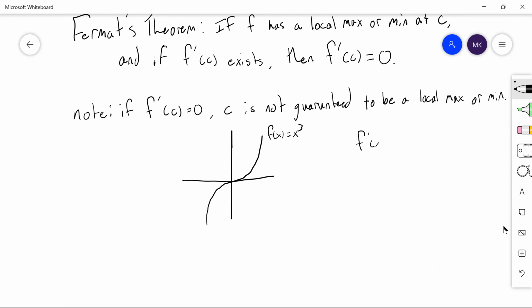Because f prime of x is 3x squared, and f prime of 0 equals 0, but 0 is not a local max or min.